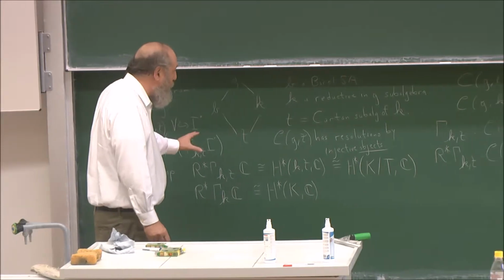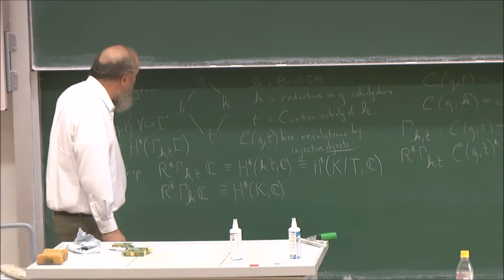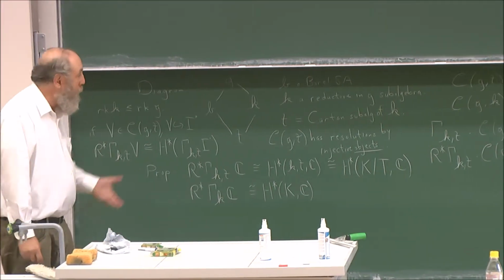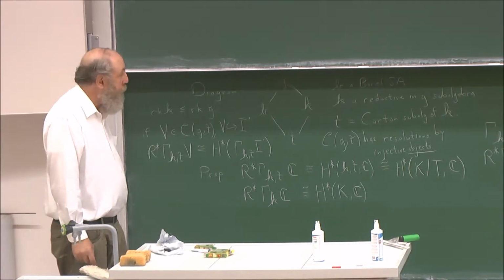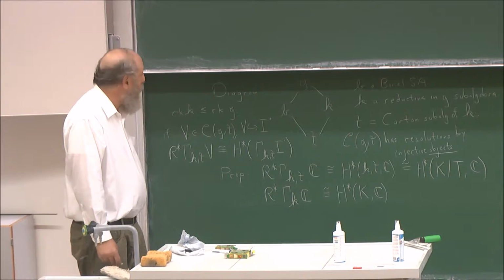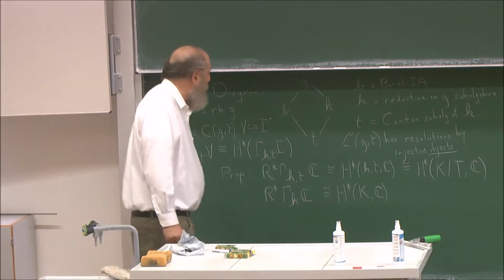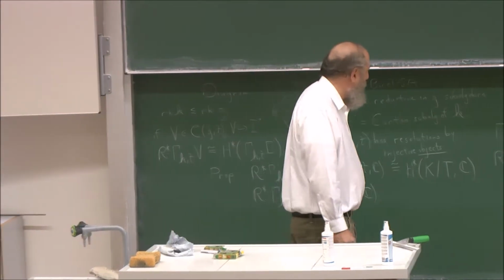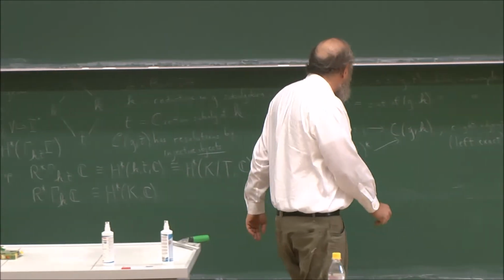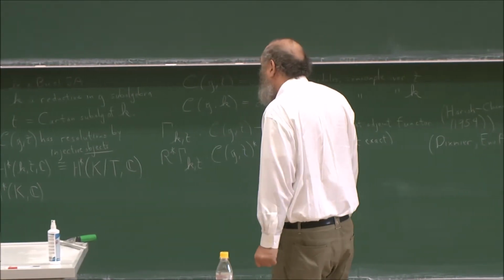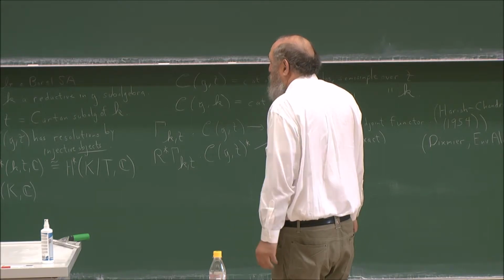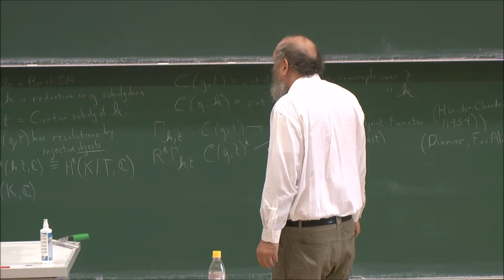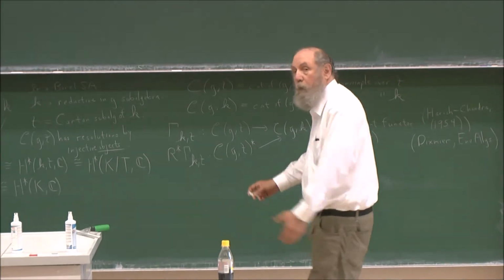It doesn't answer all questions, but it gives you the first indication that you're dealing with a functor which is certainly not exact and has interesting homological properties. All right, so this is all well and good, but it kind of cries out for input.